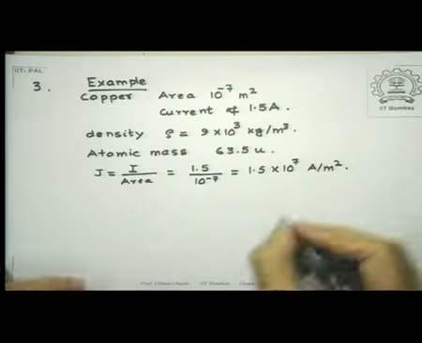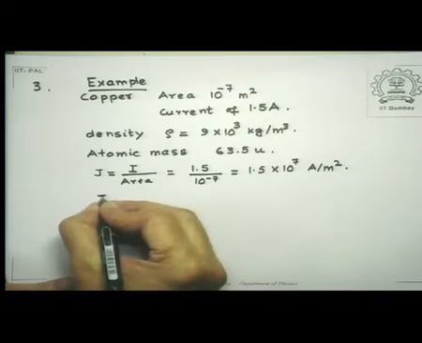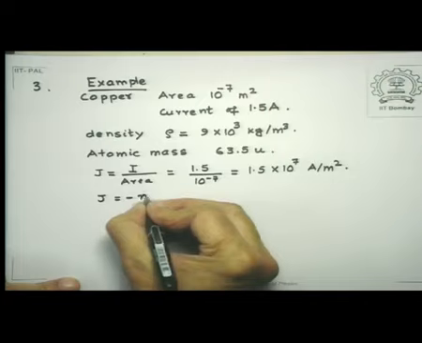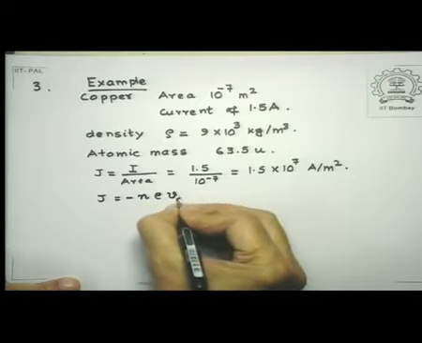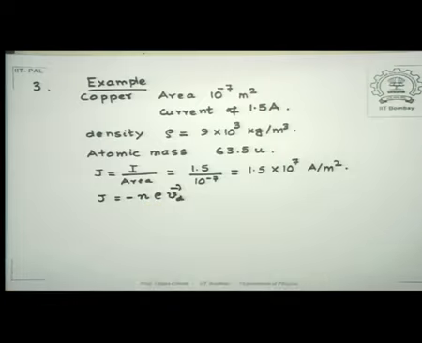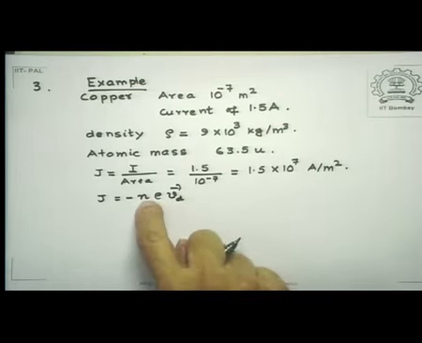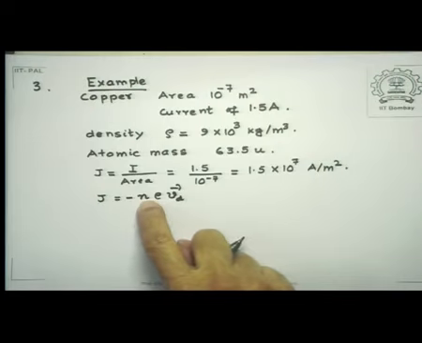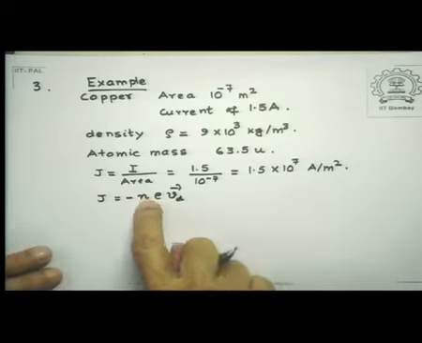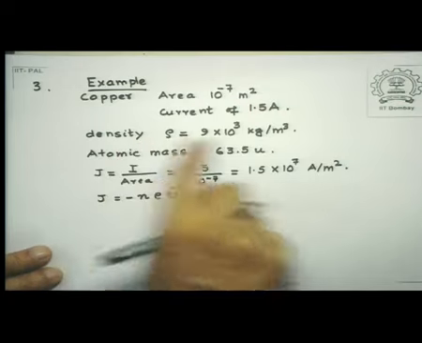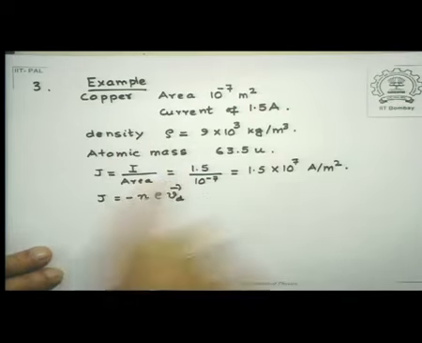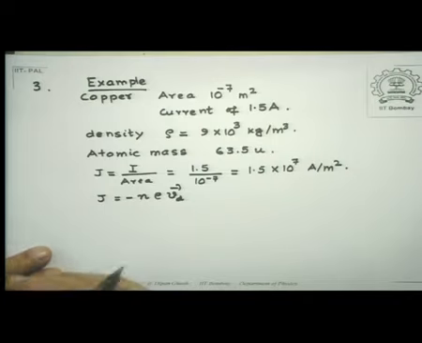I had already obtained this relationship, J is equal to minus n e Vd. So in order to calculate the drift velocity, I need to obtain the electron density, the number density of electrons in the sample. Remember that what is given here is the mass density of the sample, which is 9 into 10 to the power 3 kg per meter cube. Now in doing so, I need to recollect a little bit of chemistry for you.